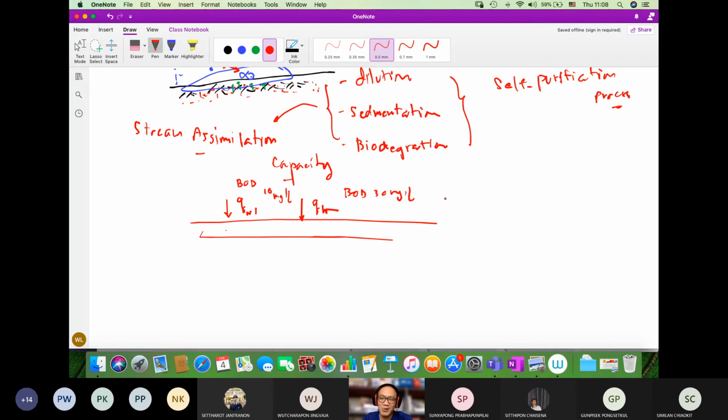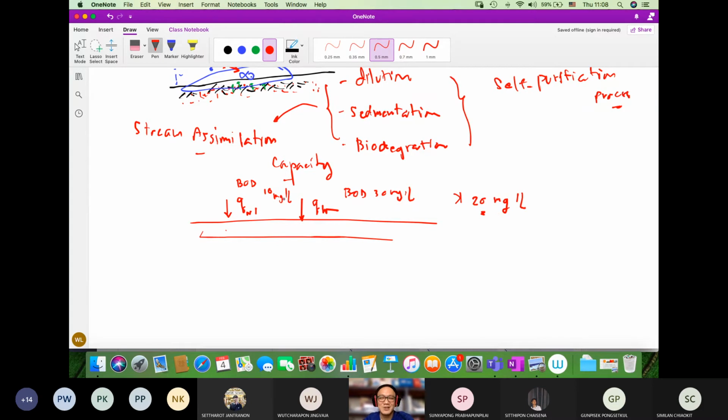Remember that according to the effluent quality standard, the government agency does not allow industry to discharge waste with a BOD concentration greater than 20 milligrams per liter. So 20 is the standard according to the governmental stipulations.